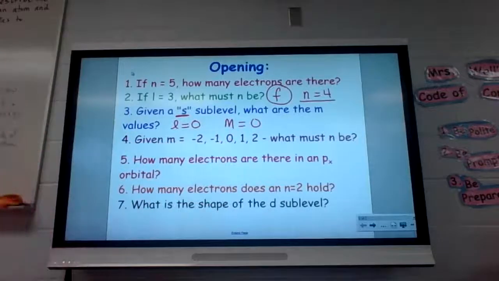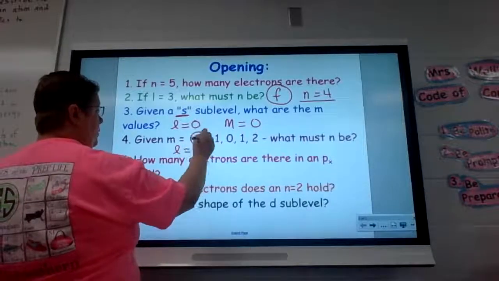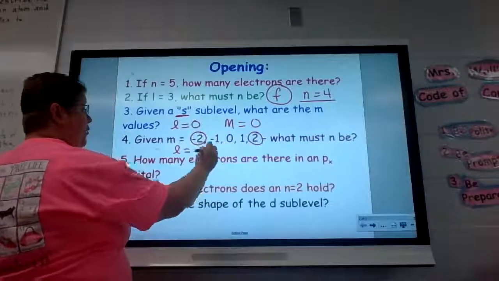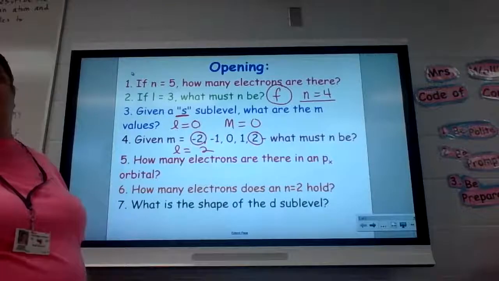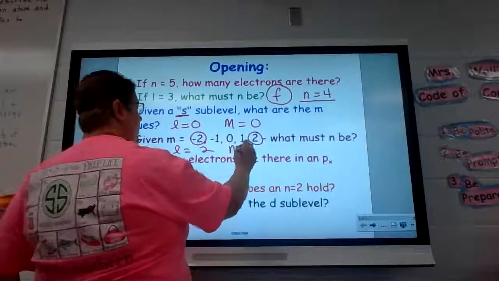Minus 0 to positive 0 is what? 0. All right? If you have L equals minus 2 to positive 2, what's N? 3. Okay? L is equal to what? 2. And what did we just say the relationship was for N? It's 1 more. So N has to be 3.